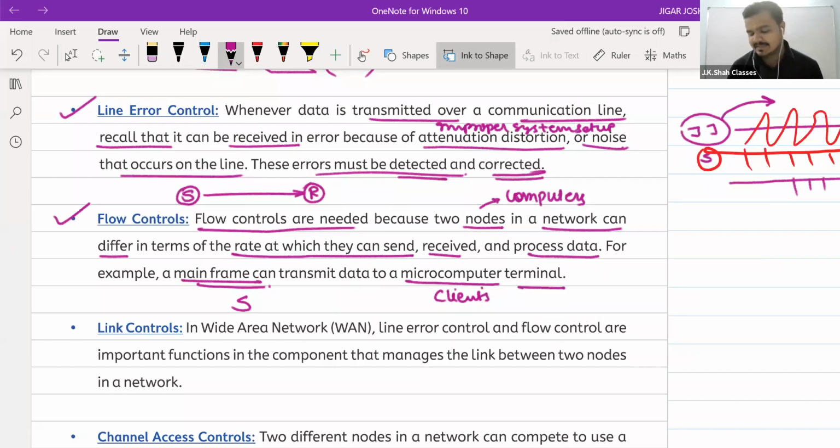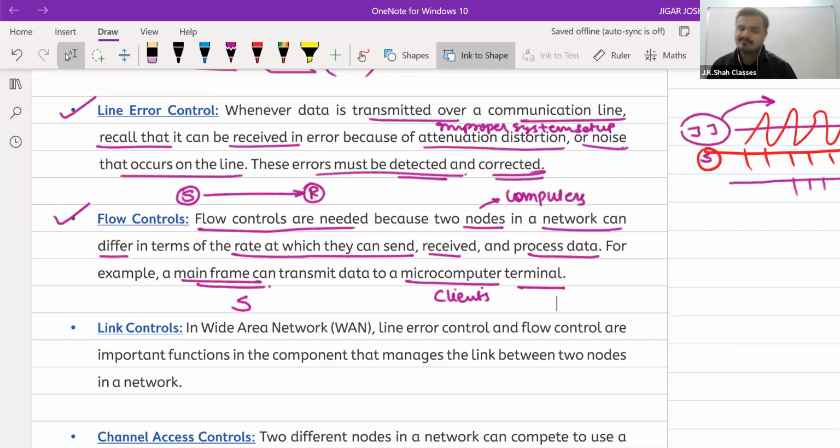There could be chances that data is not immediately available to the client. In the first case, line error control, the data is completely disturbed and none of it gets delivered. But in the second case, flow control, data is getting delivered, but it is taking too much time, or there is some technical glitch which we need to resolve.